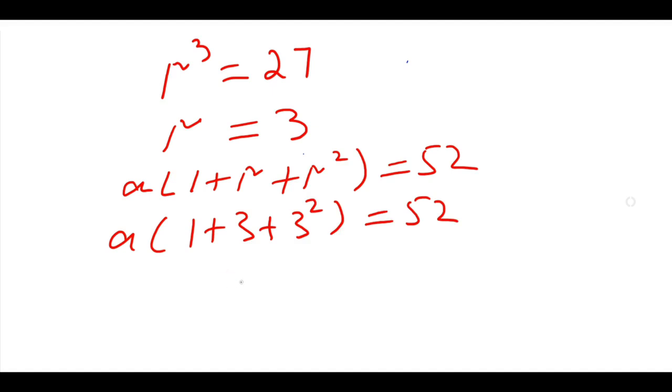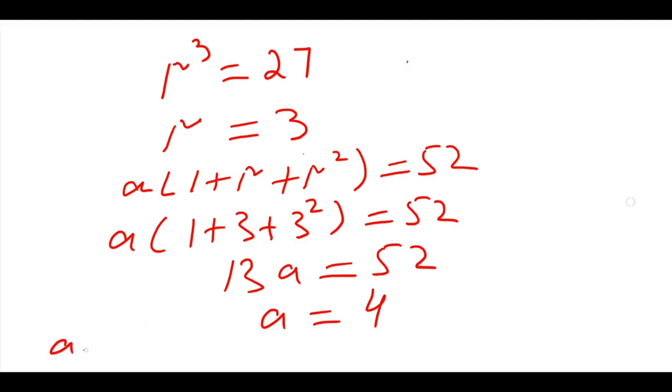So this becomes 13a is equal to 52. Therefore a is gonna be 52 divided by 13, which is 4. So my final answer: a is 4, and the common ratio is 3. So this is my final answer.